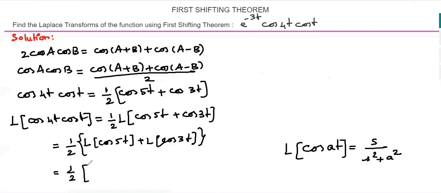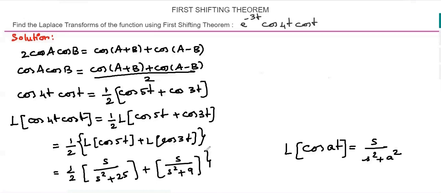So just apply this here. My a is 5, so the value is s over s square plus 5 square, 5 square is 25. And here again my a is 3, so s over s square plus 3 square, 3 square is 9. And here my half is common to both.